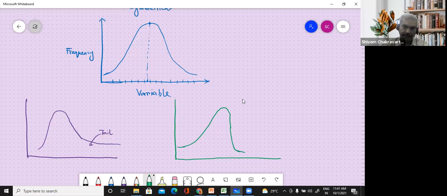So now this tail is here on this side. Axis is same. Everywhere it is frequency.